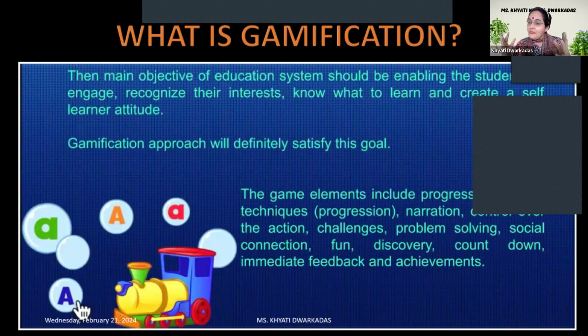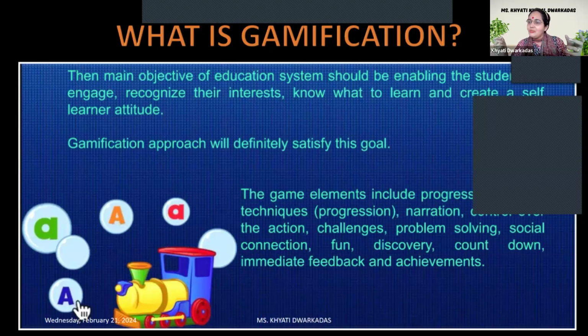You know, all the 21st century skills that we talk about throughout our teaching learning transaction of the curriculum are all a part of gamification: problem solving, creativity, critical thinking, communication, curiosity, social connect, values, fun, a kind of discovery that, okay, I knew so much.